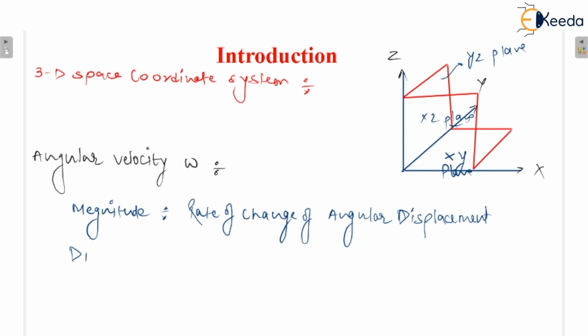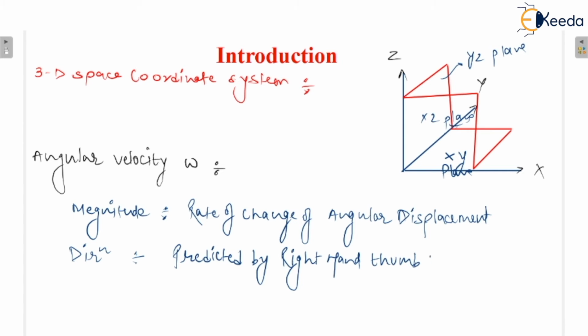And the direction of the angular velocity is predicted by the right hand thumb rule. We all know how to use the right hand thumb rule.